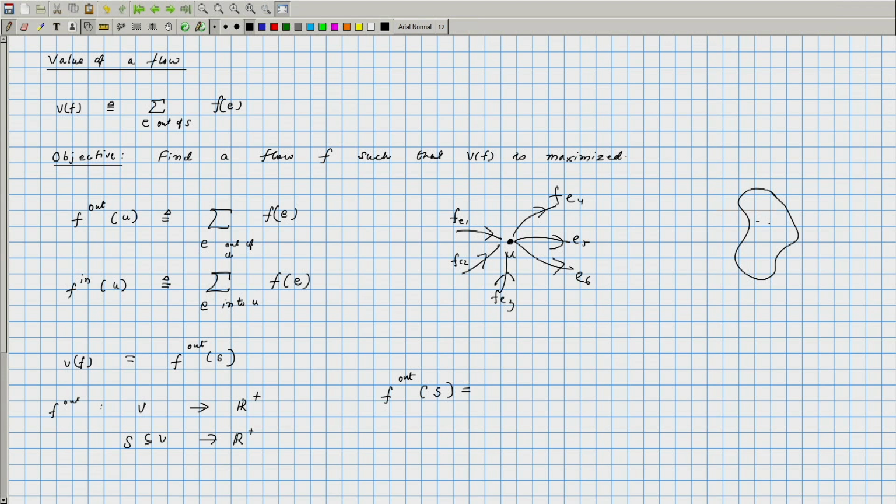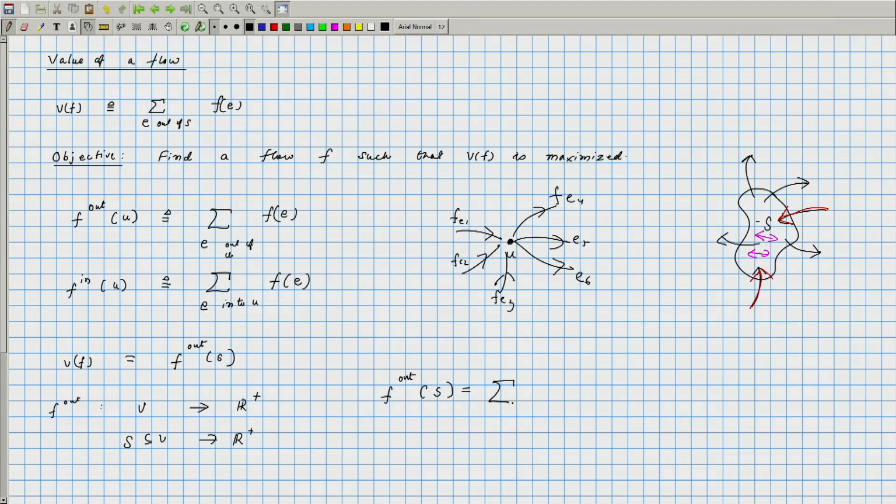Let us call this S, and there are a lot of edges which leave S, and of course there are edges that come into S. Okay, so the incoming edges let us mark in red, the outgoing in black itself, and then there are other edges which are within S itself. Okay. So, if you sum up over all the outgoing edges, their sum will be f out of S.